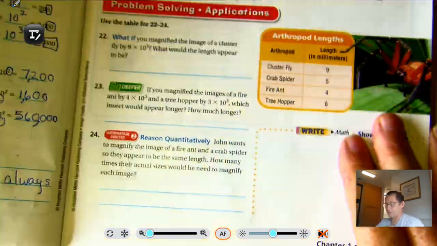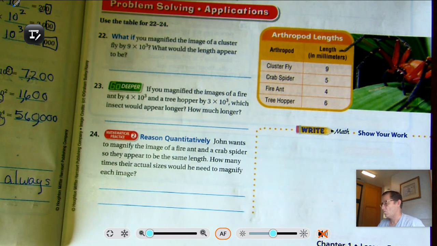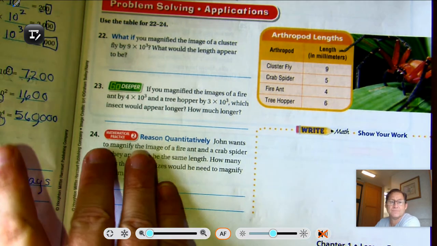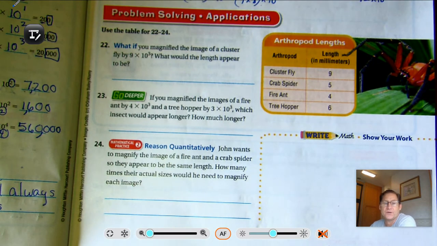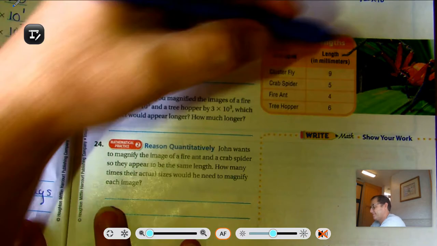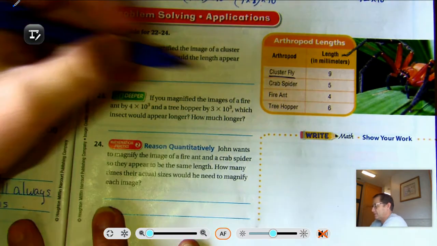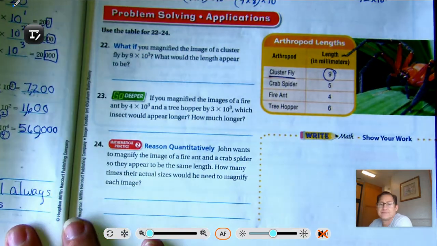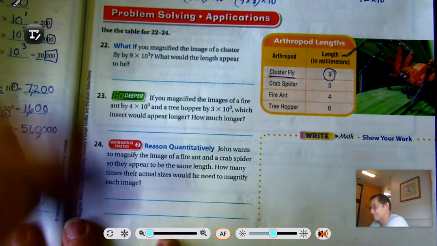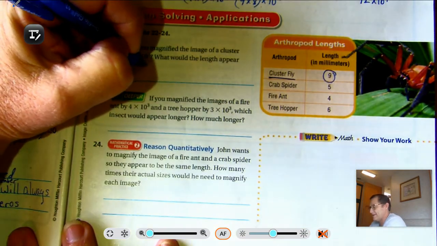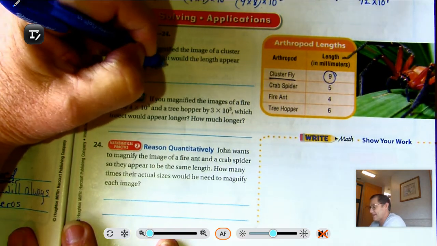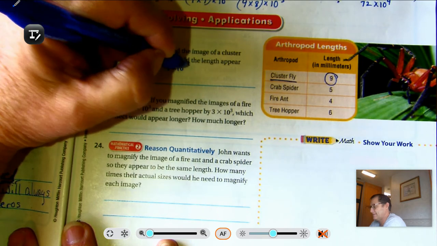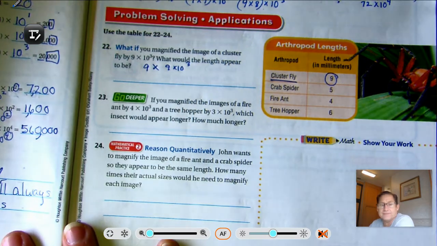All right, 22. What if you magnify the image of a cluster fly by 9 times 10 to the third? What would the length appear to be? So the cluster fly is 9 millimeters in length. So we're saying 9 times 9 times 10 to the third.